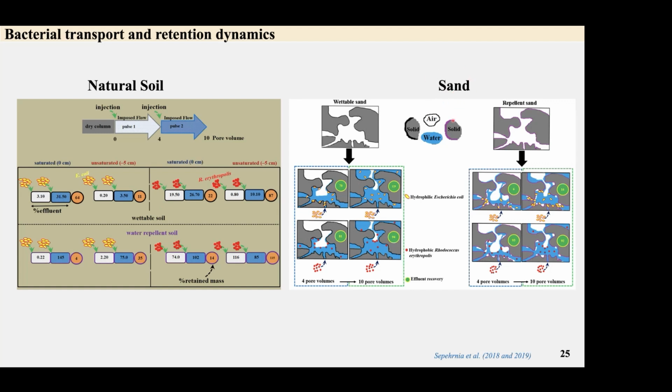If we look at water repellent soil as well, here only 6% in the dry pulse was transported. Here for E. coli, 1%. So this means that natural soils have high capacity, although they are water repellent, they could retain a great portion of bacteria.